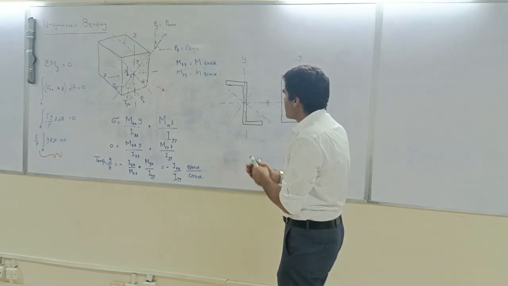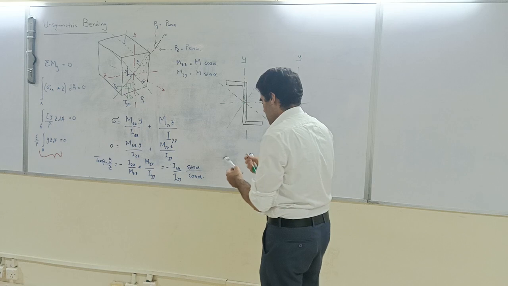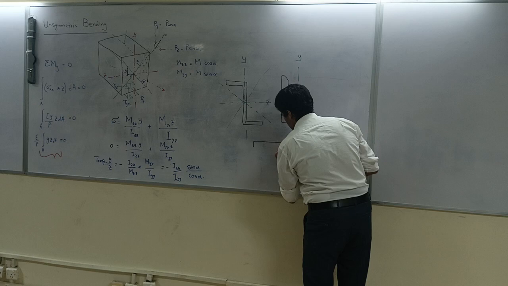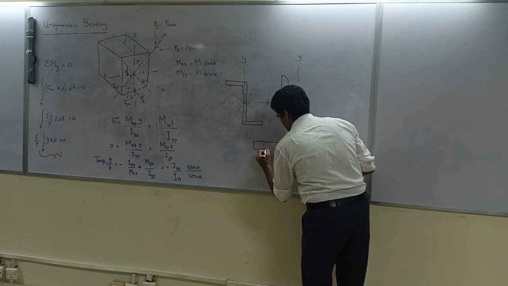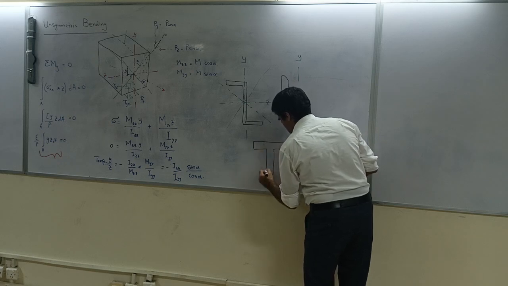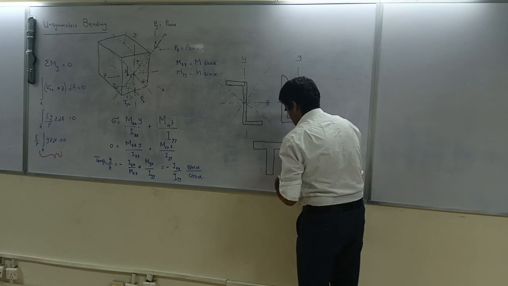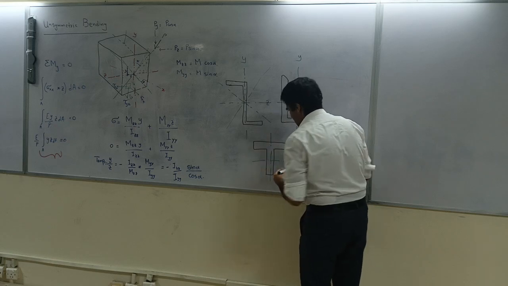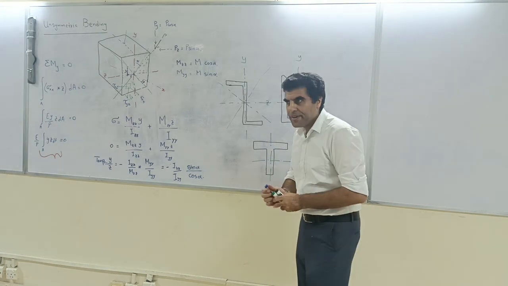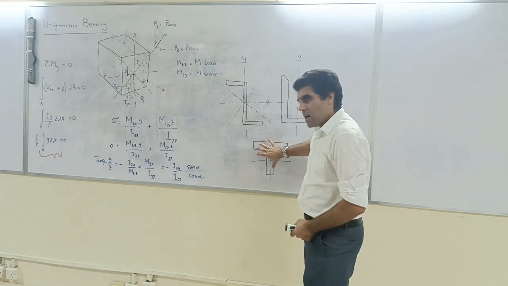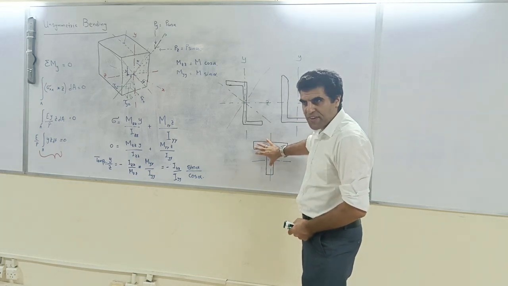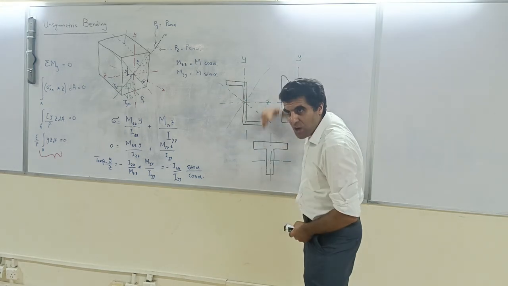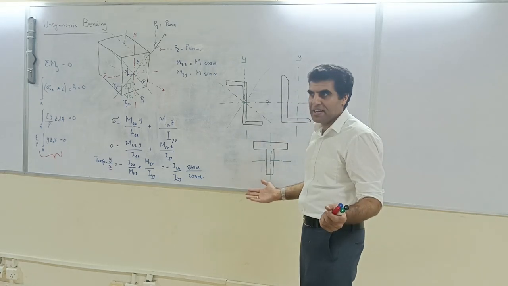If I have got, for example, a T section, now T section is again a type of cross section which is similar to that one. If the load is applied along this direction, there is no unsymmetrical bending.